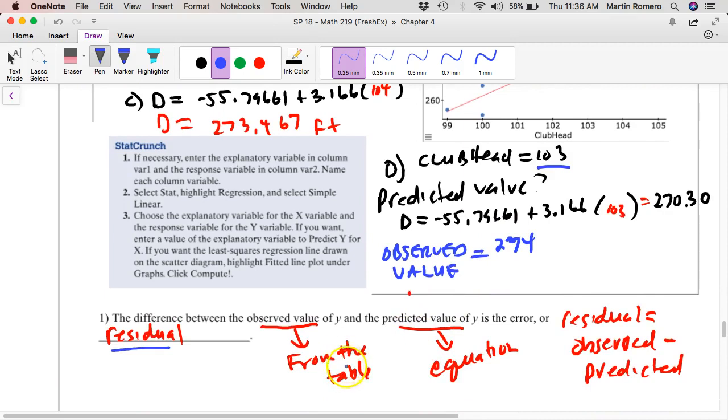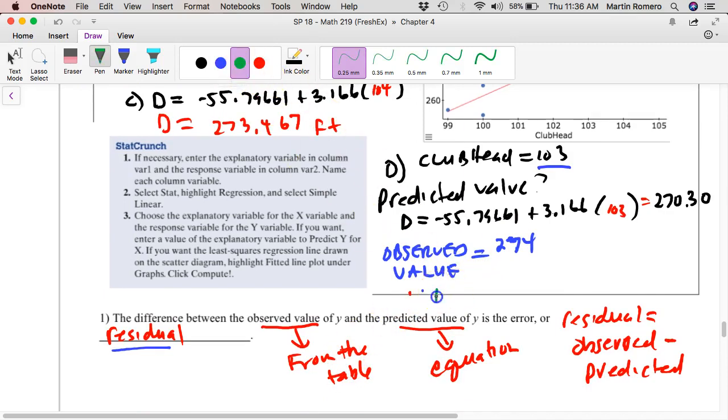The residual in this problem is the difference between those. How far off is the prediction? That's all a residual is. So it's the observed, 274, minus the predicted. When you subtract that, you get a residual of 3.70. That's your residual.